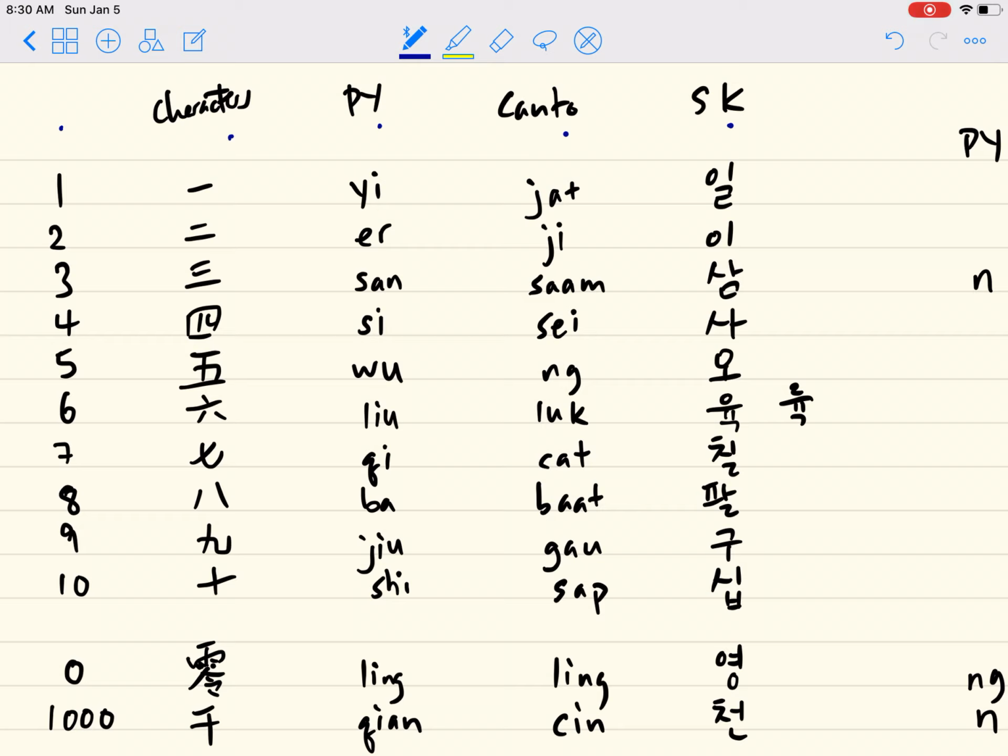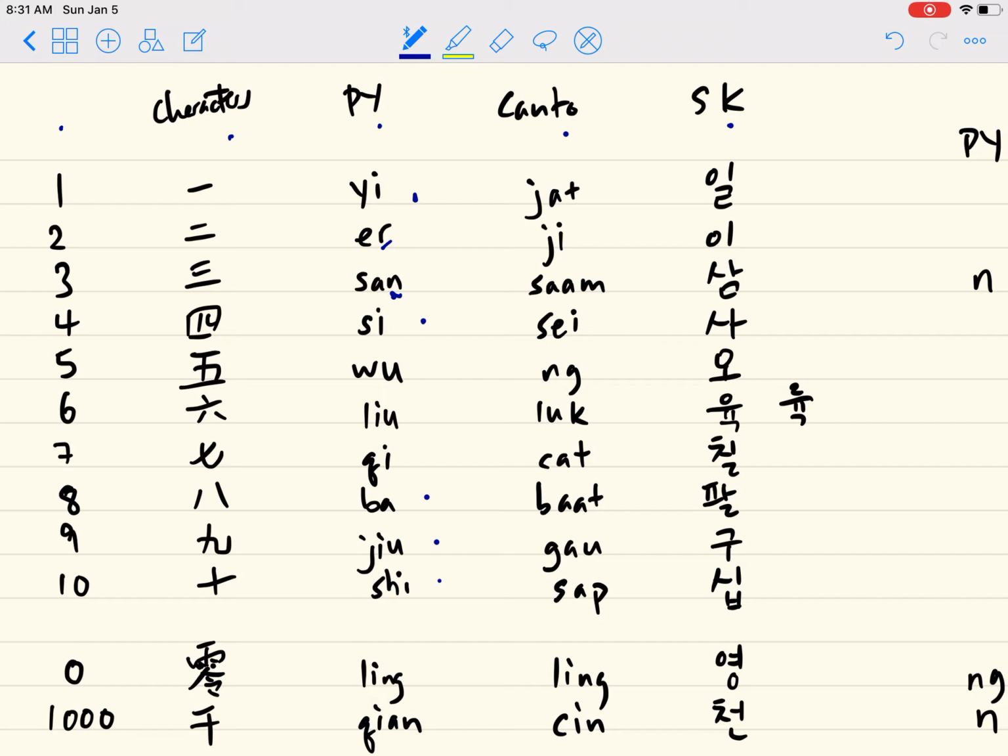So starting with Mandarin, I haven't included the tones here, but this is just to help illustrate the syllable structure. You have 1, 2, 3, 4, 5, 6, 7, 8, 9, 10. And you see at least from 1 to 10, you have N here, and then everything else, the R is kind of like part of the vowel in some sense, so that doesn't count as an N consonant.